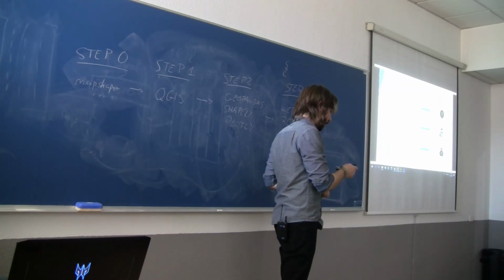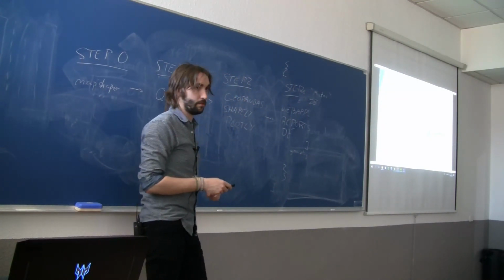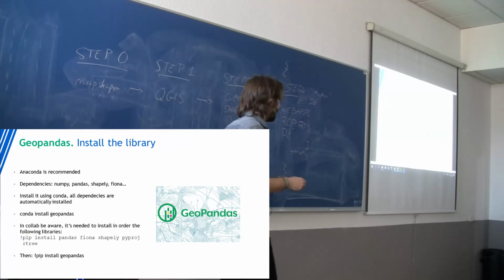So you may have noticed that GeoPandas is very close to pandas. Do you know about pandas? Of course you do. So it's exactly the same, but it has some inbuilt functions that are specific for geographical information.